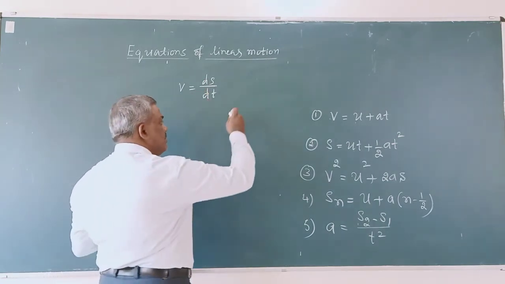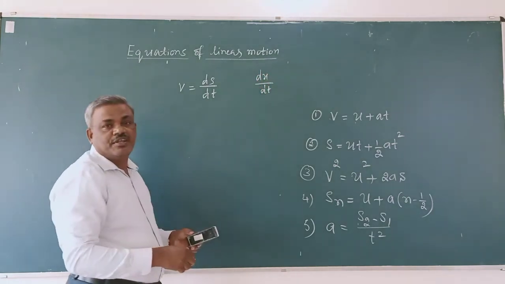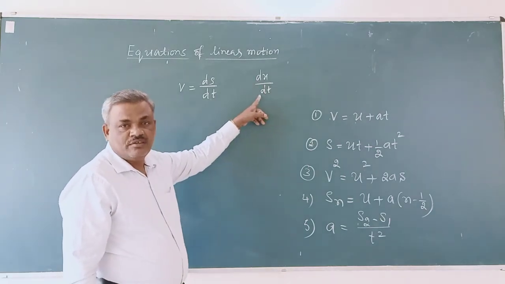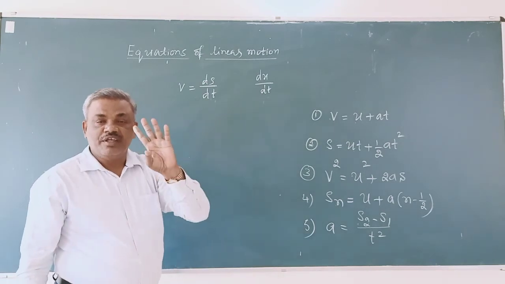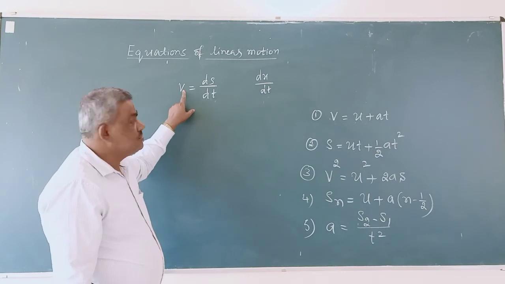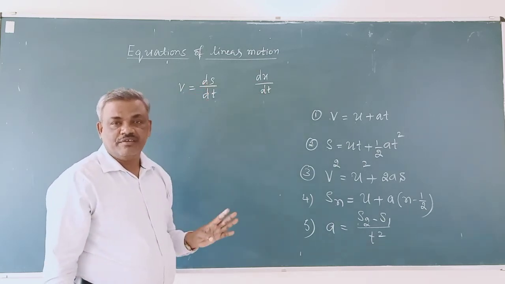Some textbooks write it as dx by dt. Either ds by dt or dx by dt is the rate of change of displacement, called velocity. So v equals ds by dt or v equals dx by dt.